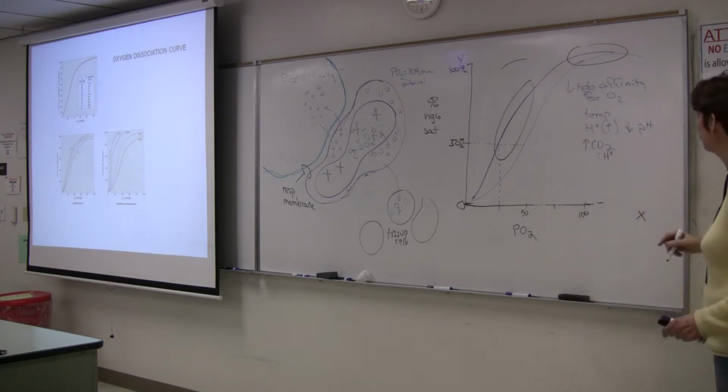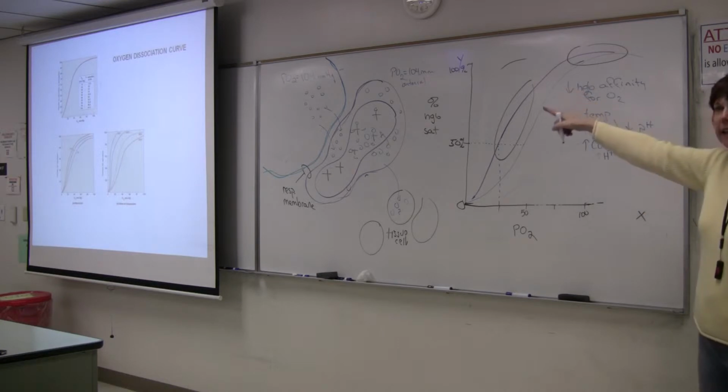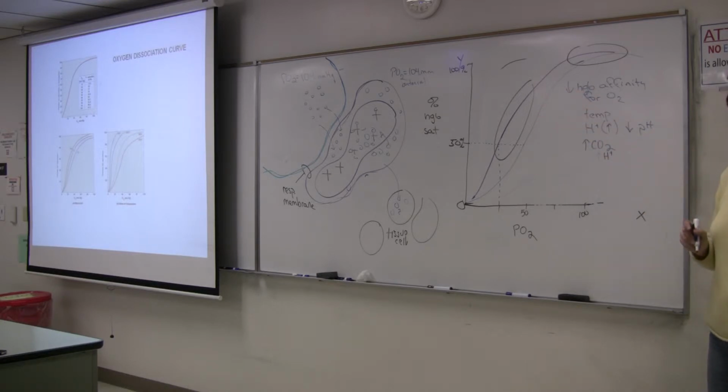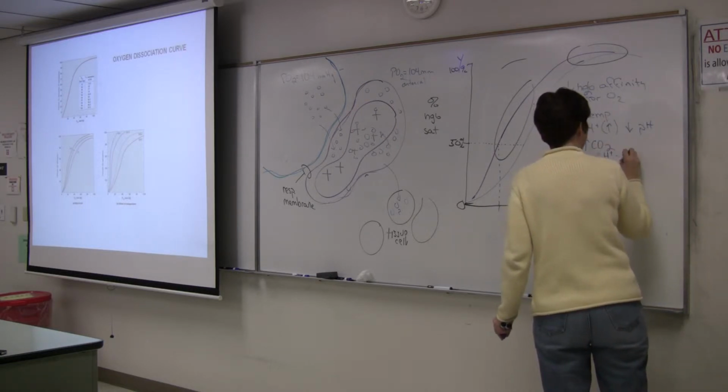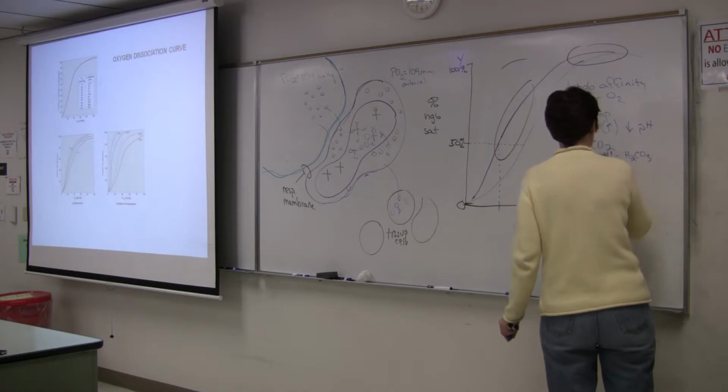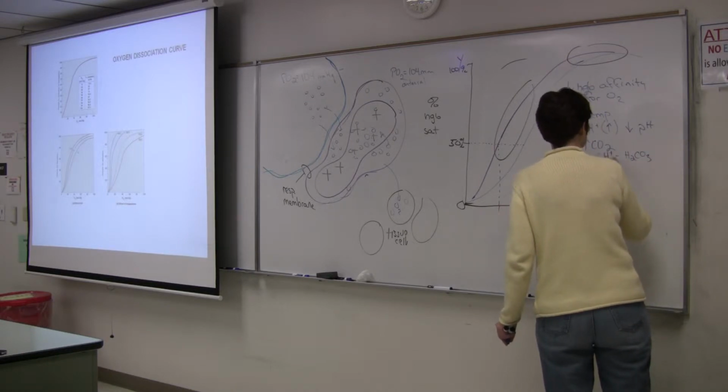We'll talk about that after break. But carbon dioxide itself binds to hemoglobin, not the iron, but to the protein, and that also changes the shape and makes it more difficult for oxygen and iron to interact. So it increases hydrogen via forming carbonic acid, and it binds to hemoglobin.